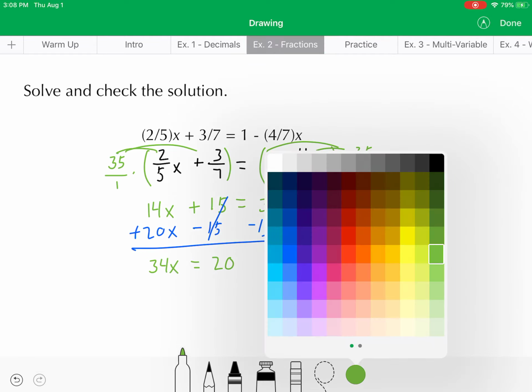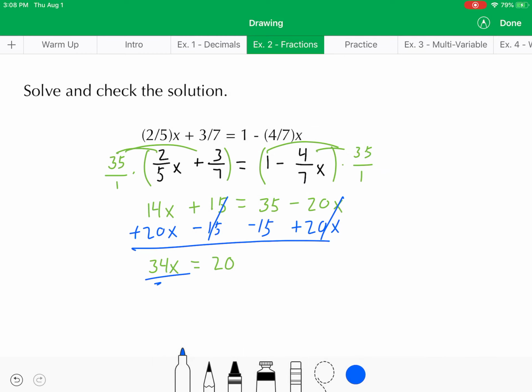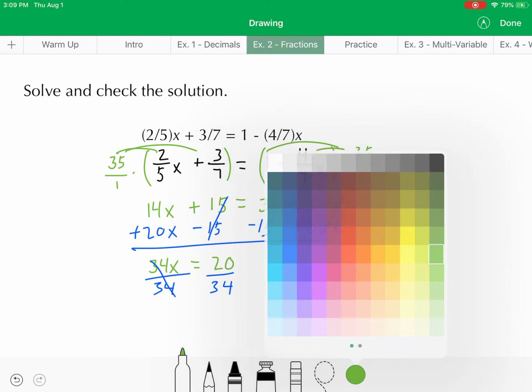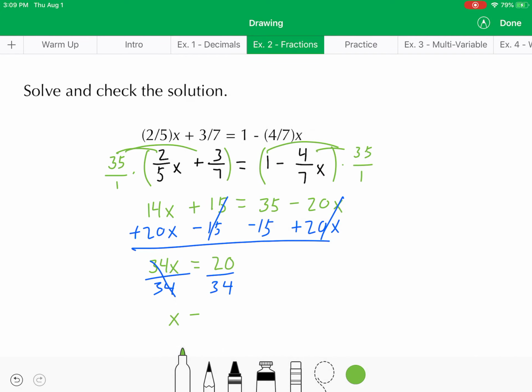I'm going to divide by 34. And let's reduce here. So 20 divided by 34, they have a 2 in common. That's going to become 10/17. Perfectly acceptable final answer.